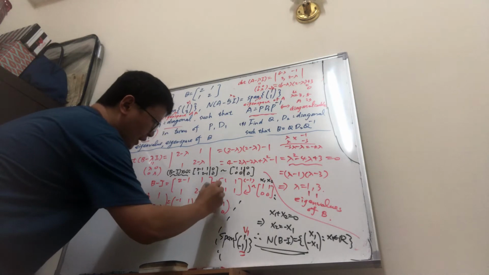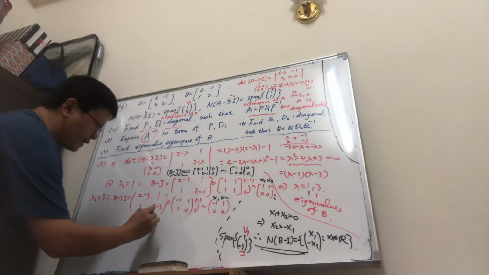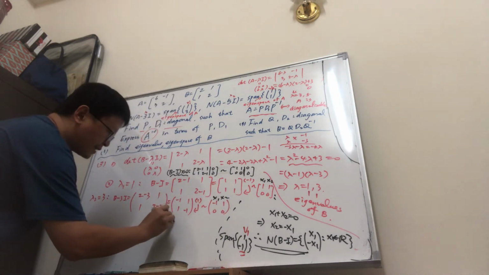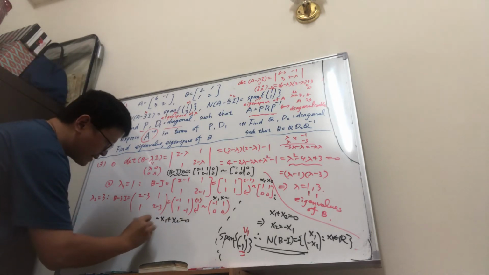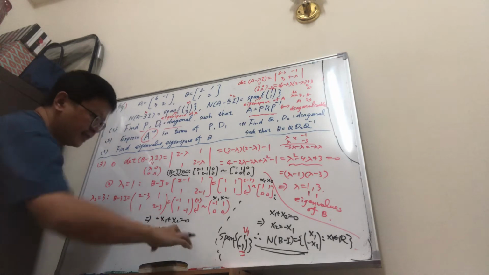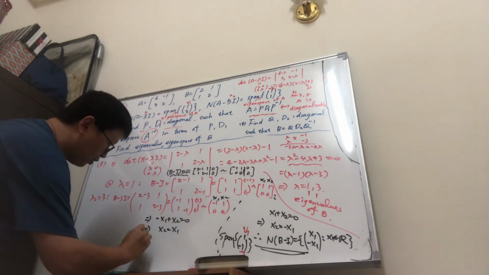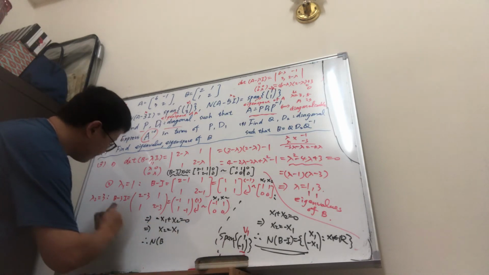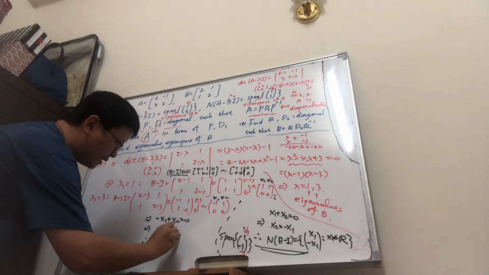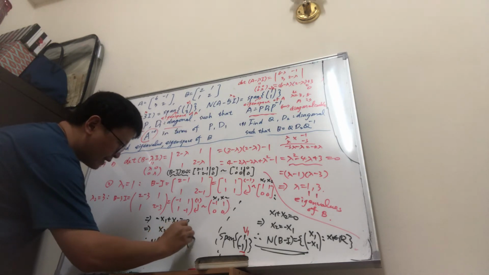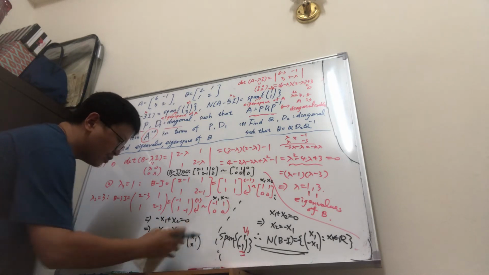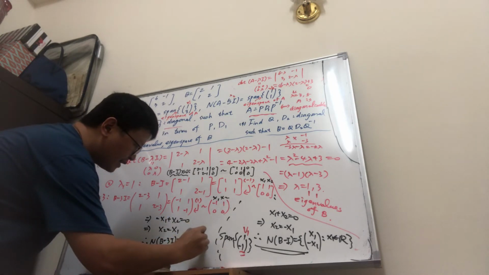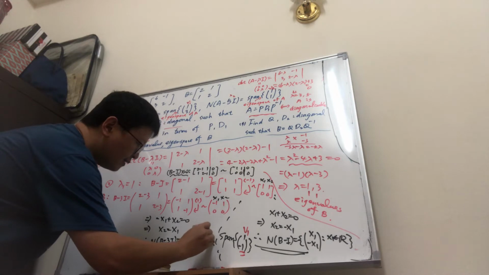Here is our (x1, x2). It satisfies this equation, negative x1 plus x2 equals 0, so x2 equals x1. So the null space of B subtract 3I is the set of (x1, x2) with x2 equals x1, where x1 could be any real number.